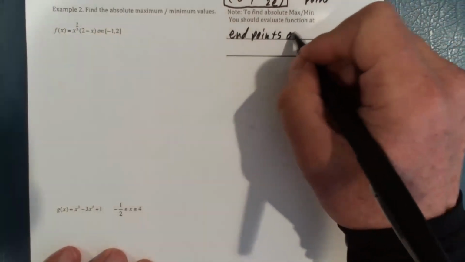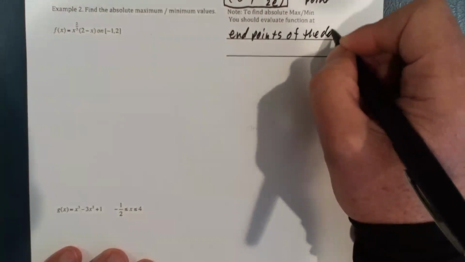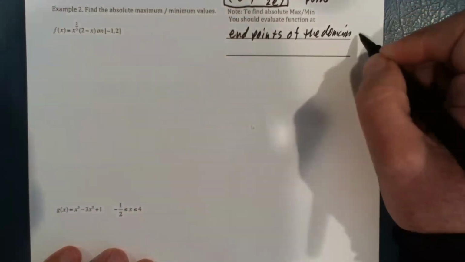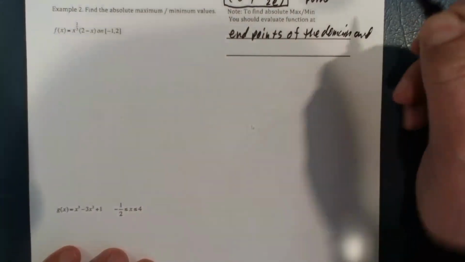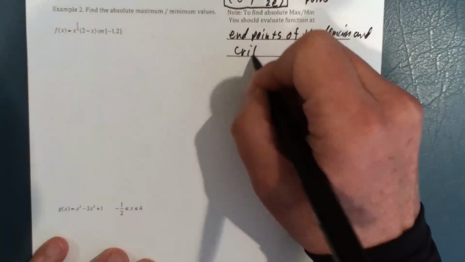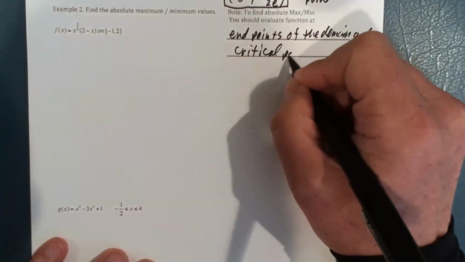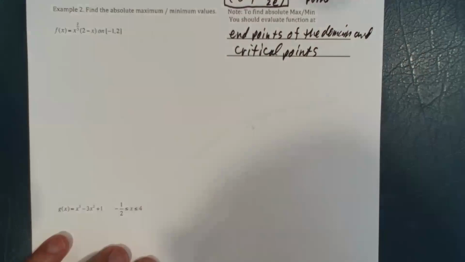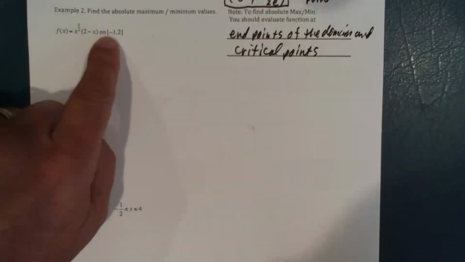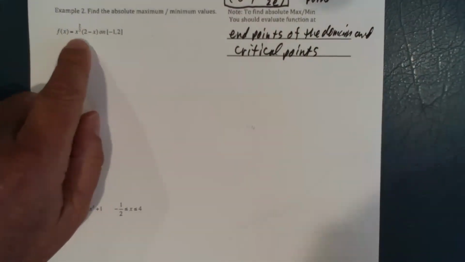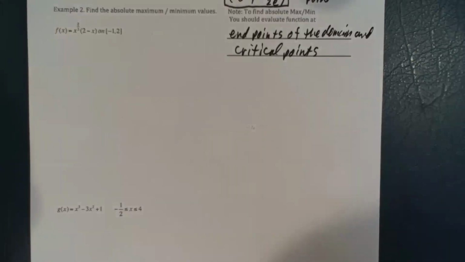Endpoints of the domain and critical points. So I need to test at x equals -1, x equals 2, and at whatever critical values I end up with here. So once again, we're going to have to do a product rule and set the whole thing equal to 0.